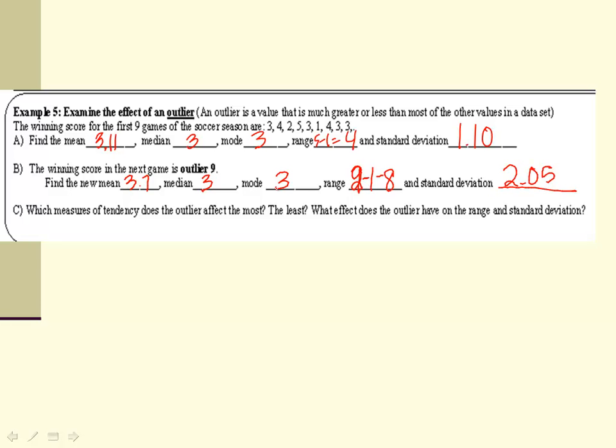So which measure of central tendency does the outlier affect the most, the least, and what effect does the outlier have on the range and standard deviation? Okay? So for our measures of central tendency, mean, median, and mode, it mostly affects the range. Okay?